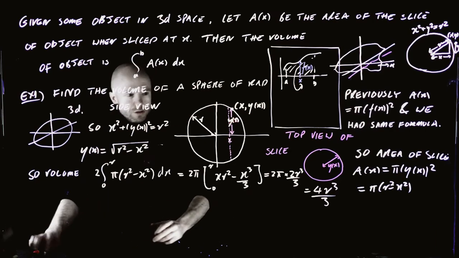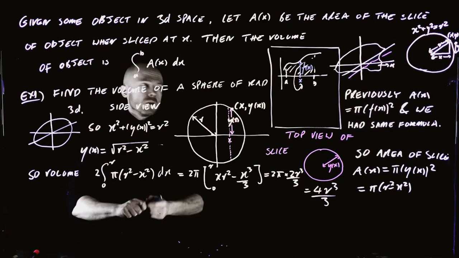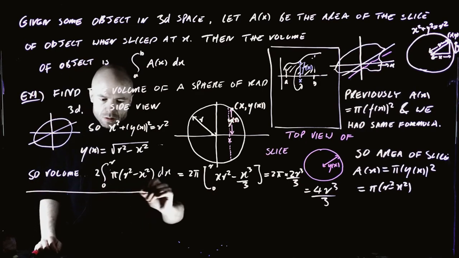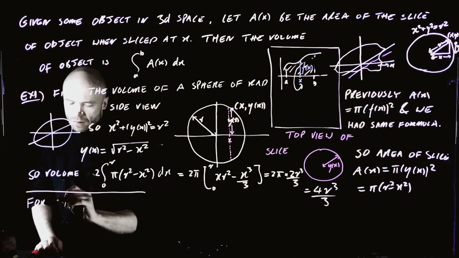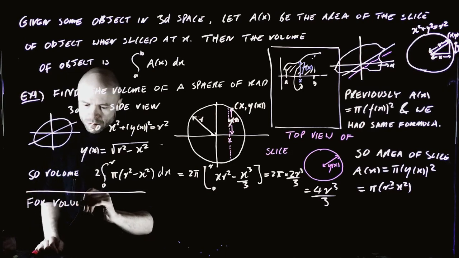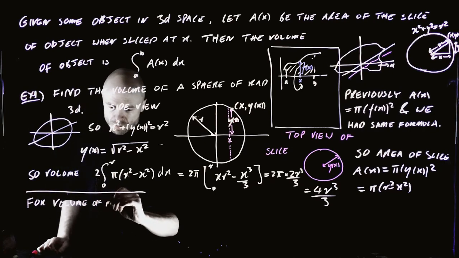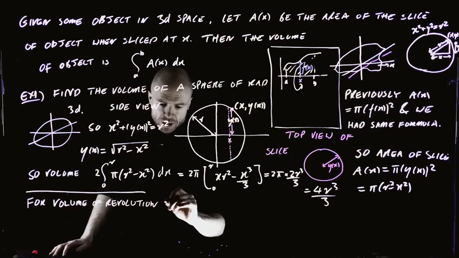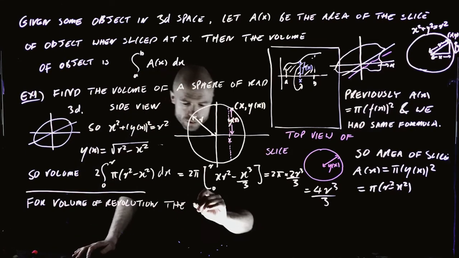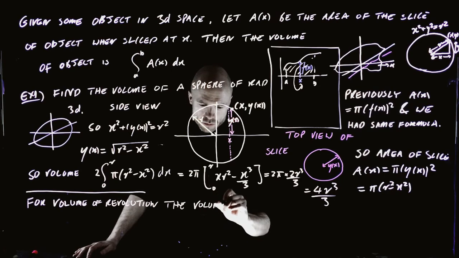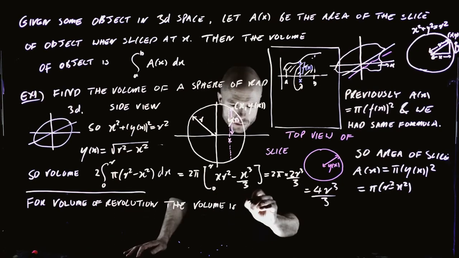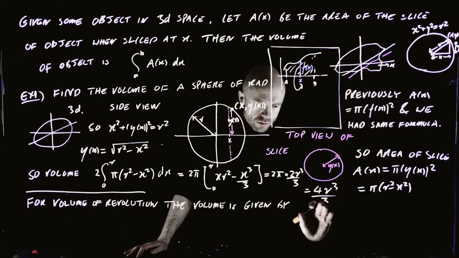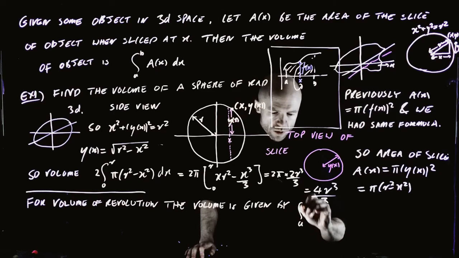So if we have a volume of revolution, the volume is given by the integral from wherever we start to wherever we end.